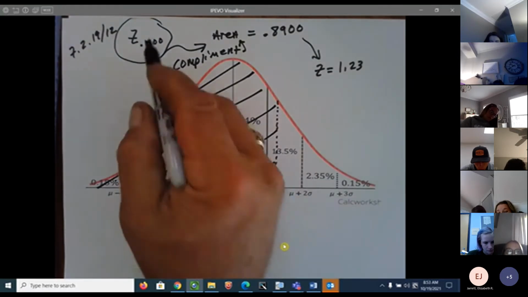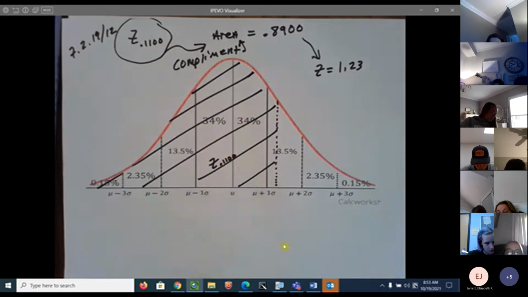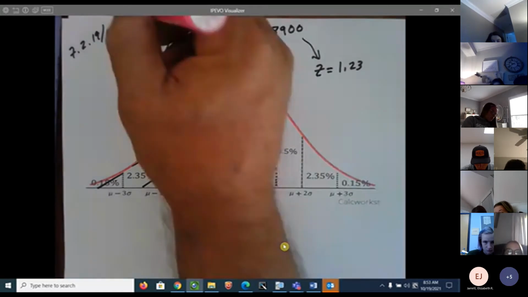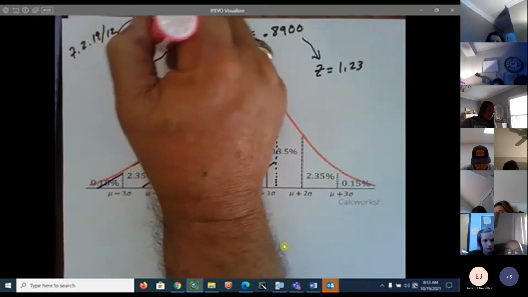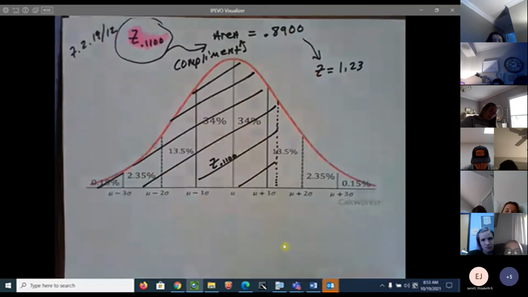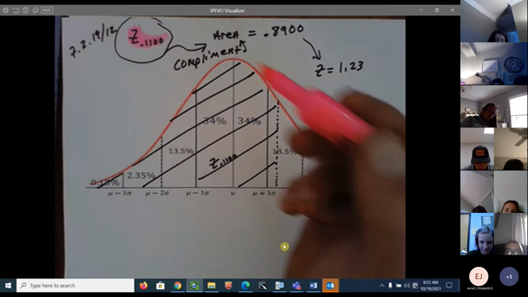When you see Z.1100, that's not what they want. So let's highlight that. I've never seen it like that in all my years of teaching. They usually put an area or a P, and they put a hat or a mark over it. I've never seen that before.